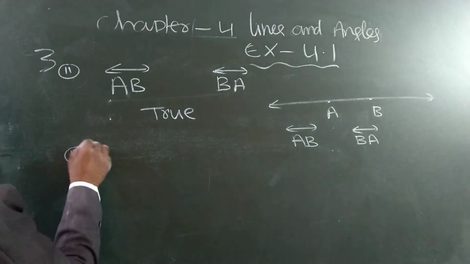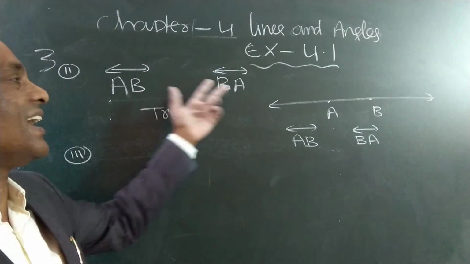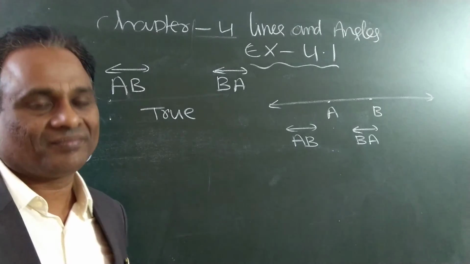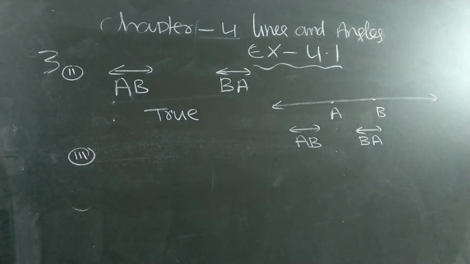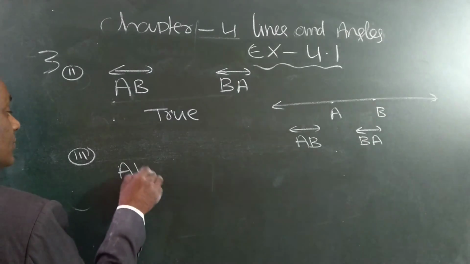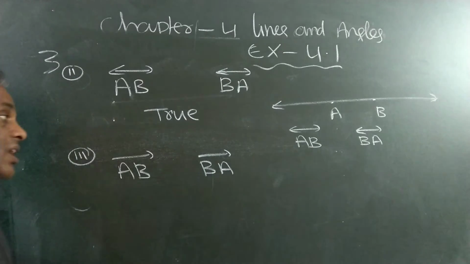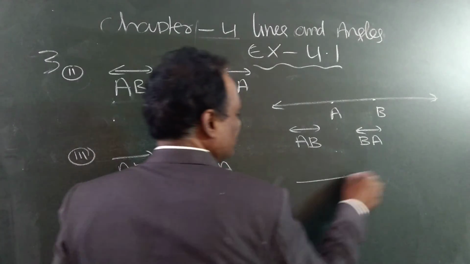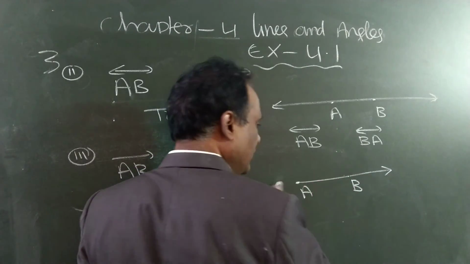AB line, BA line, we can write it like this or like this, both are the same. But in the case of a ray, it will be wrong. AB ray and BA ray are not equal. AB ray means here. This is the AB ray.